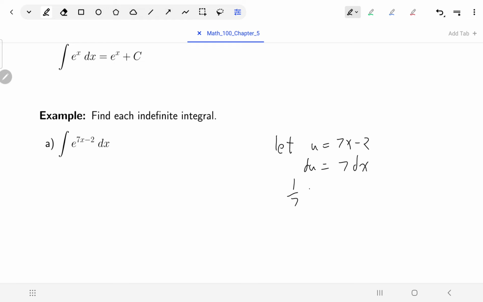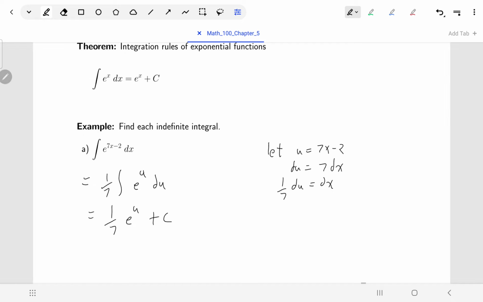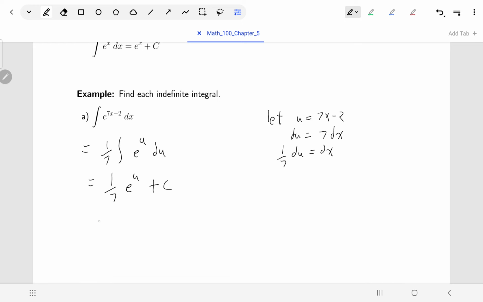And I can modify it so that I have replacements for everything in my original indefinite integral. e to the 7x minus 2 will be replaced with e to the u, and dx is replaced with 1/7 du. Then I just have to find my antiderivative and go backwards. So I have 1/7 e to the u, which is 1/7 e to the 7x minus 2, plus constant c.